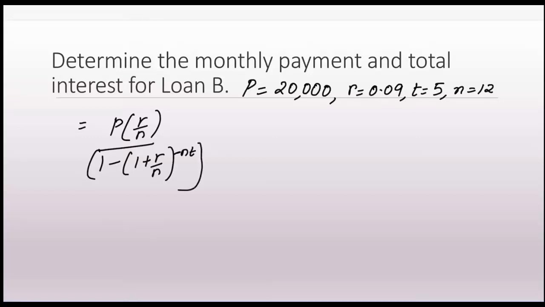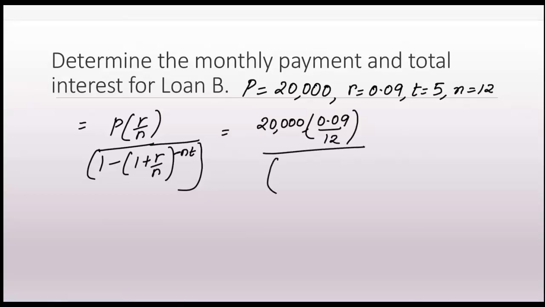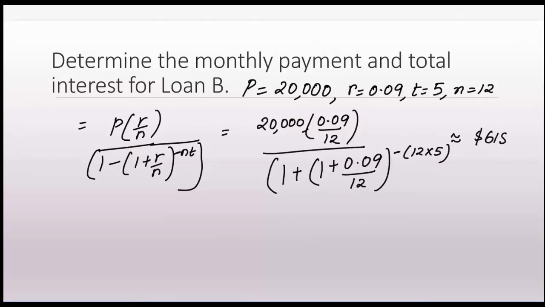Plugging in, 20,000 times 0.09 divided by 12, over 1 minus (1 plus 0.09 over 12) to the power negative 12 times 5. When I plug this into my Desmos, I end up with $618.